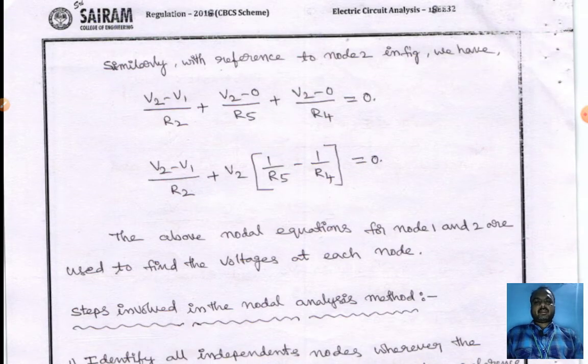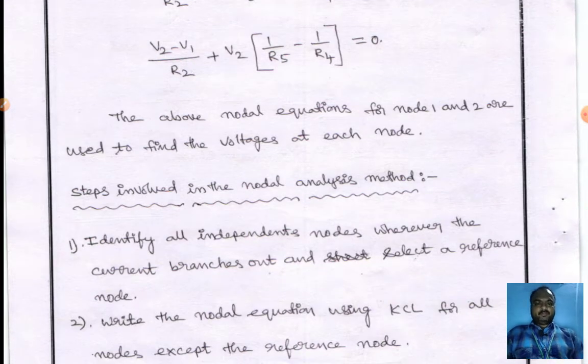So by writing the current equations and substituting, at node 2 we will get this one. So by solving these node 1 and node 2 equations, we can find out the voltages at nodes V1 and V2.